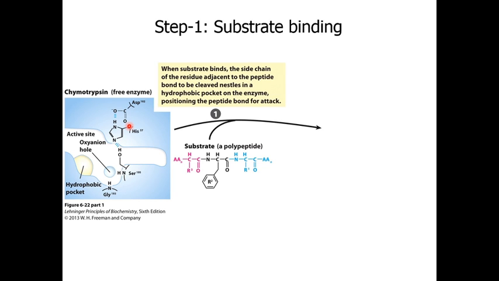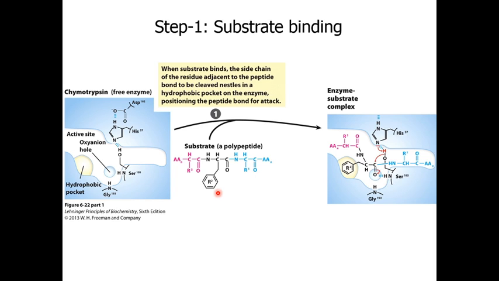Now this enzyme is ready to bind a substrate, and a substrate in the form of a polypeptide binds in this specific region of the enzyme. And once it binds, all the side chains of this peptide fall in the right place.